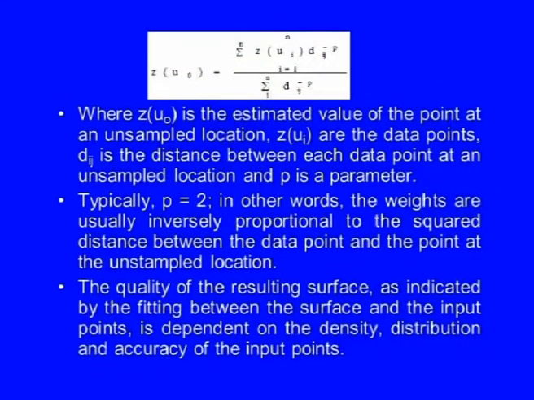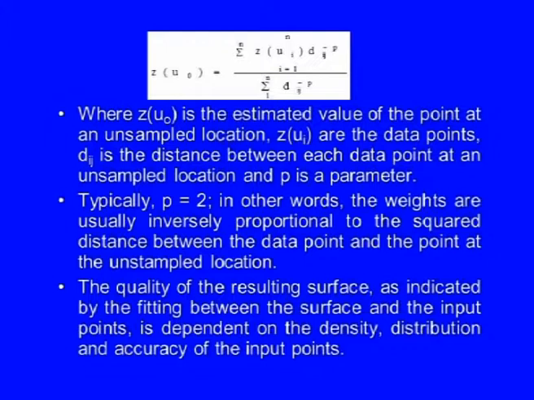Here z can be expressed as a summation of all those points contributing within that particular window, weighted by the distance between the point of investigation and the data point raised to the power p, divided by the sum of the distances raised to the power p.